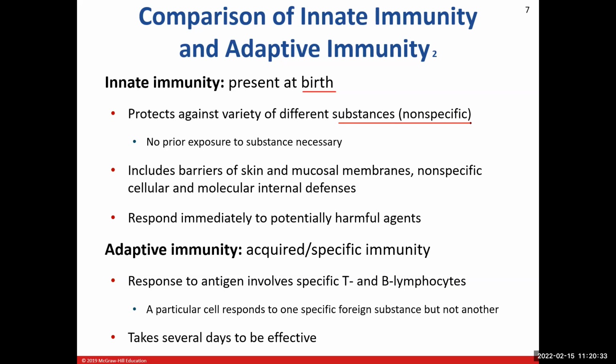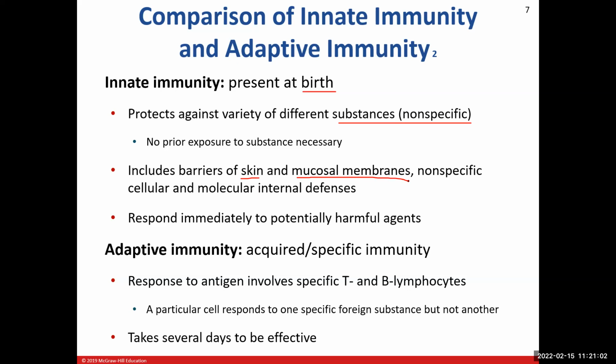So when we talk about innate immunity, like I said before, that includes the skin and the mucosal membranes, and those are essentially barriers. That's what their job is. They non-specifically prevent pathogens, things in the external environment, from getting into the more sensitive internal structures of your body.